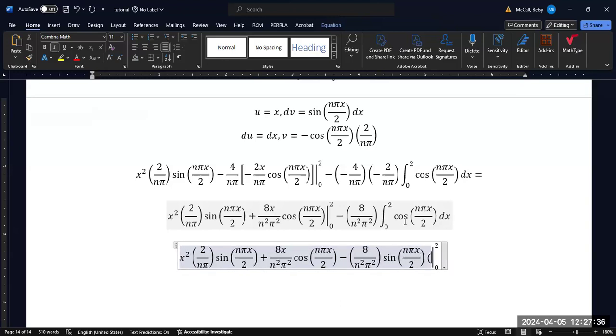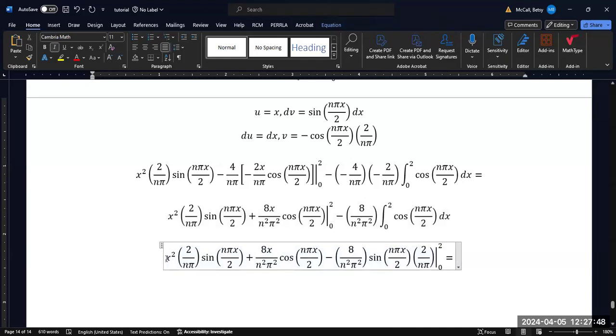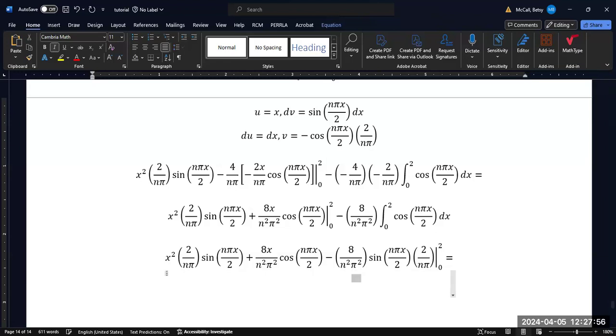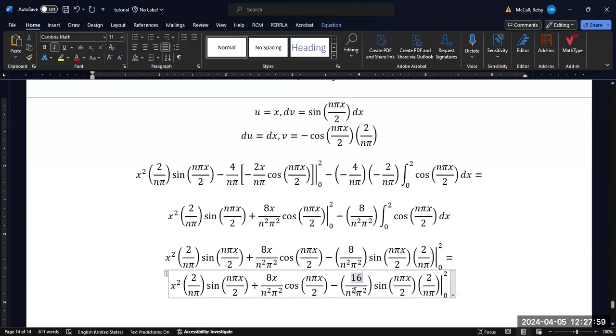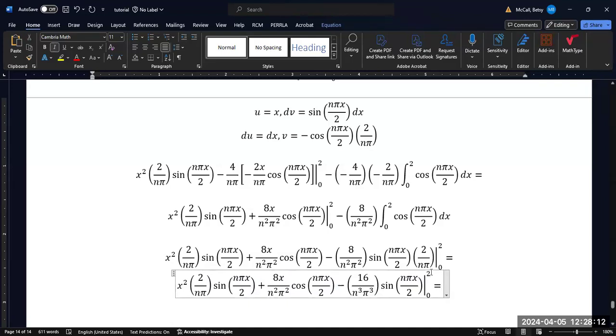And then I'm going to multiply by another 2 over n pi. And so if I combine these coefficients a little, then this is going to become 16, and this is going to become a cube, and this is also going to become a cube, and I can get rid of that.